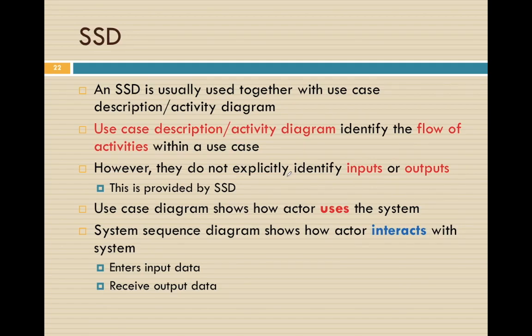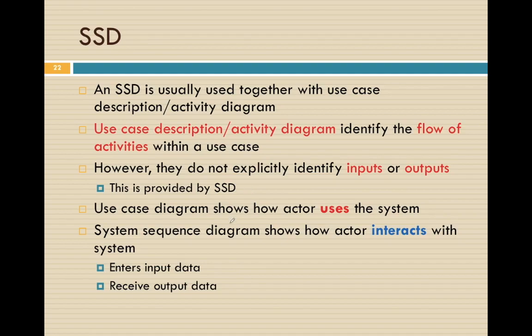In a use case description, we just state that the user clicks create account, but we do not explicitly identify what the inputs and outputs are. It is the same with the activity diagram. So input and output will be provided by the system sequence diagram.